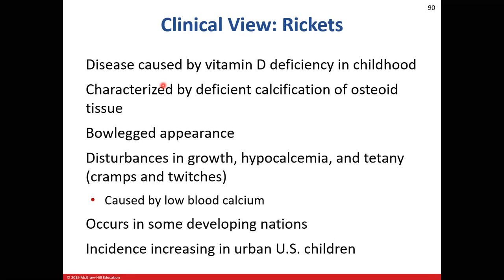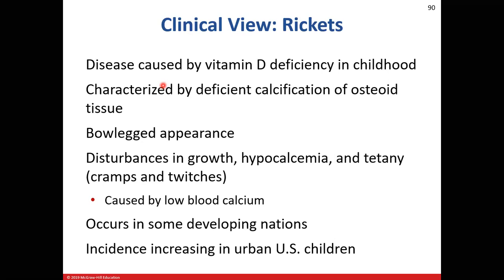And so we see these disturbances in the growth of the bone, which leads to hypocalcemia and can oftentimes lead to tetany, which is cramps and twitches, which is also caused by low blood calcium levels.